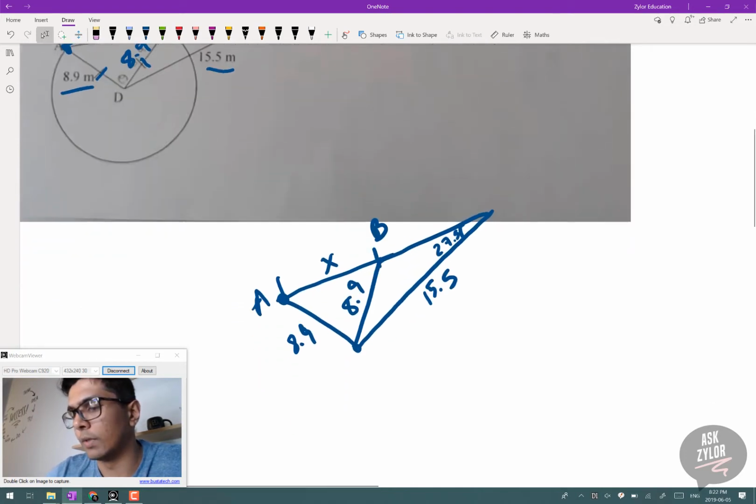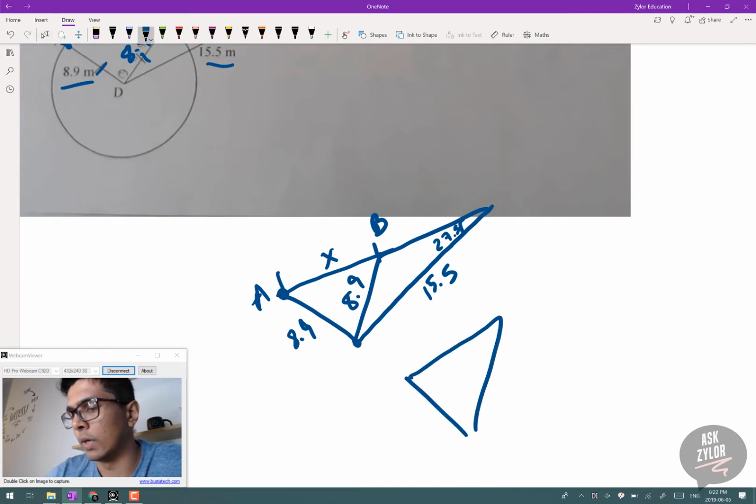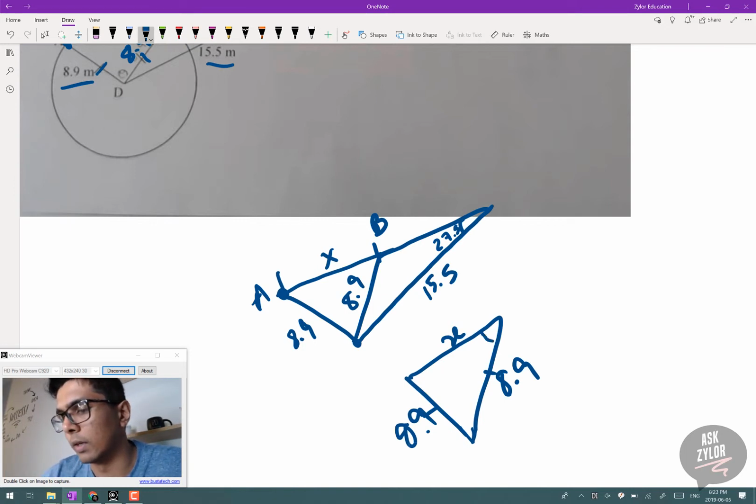So given this triangle, we don't have enough information to find x yet. We know this is 8.9, this is 8.9, but we don't have anything else. We don't have any of the angles, right? So let's try and find one of the angles. The best case is to find this angle over here, so we'll call this beta.